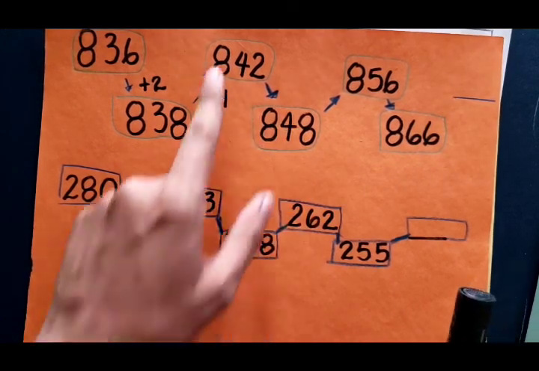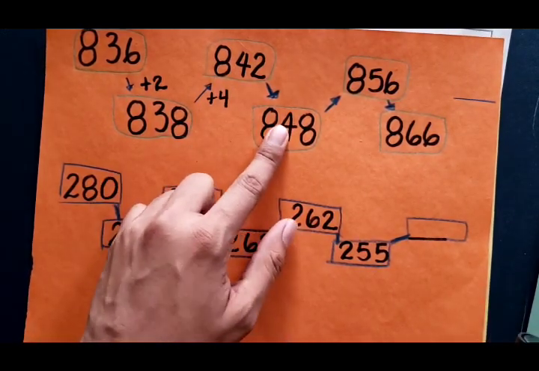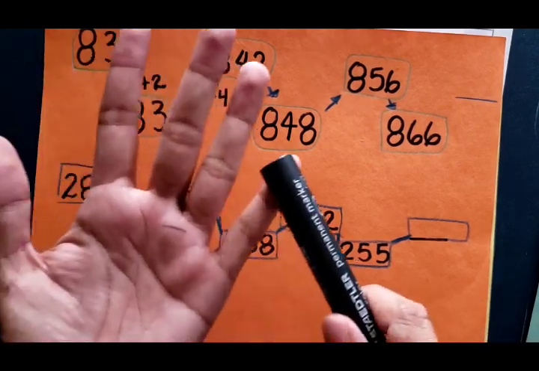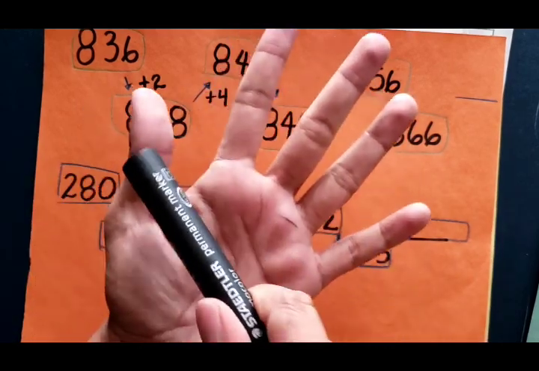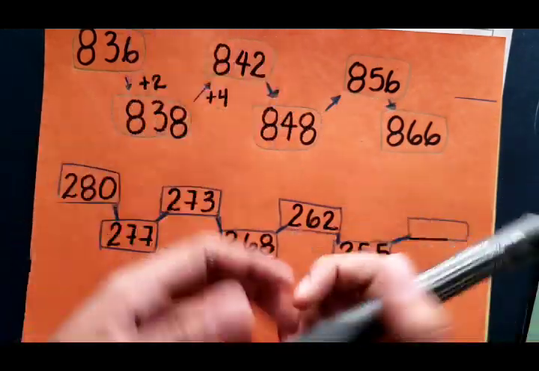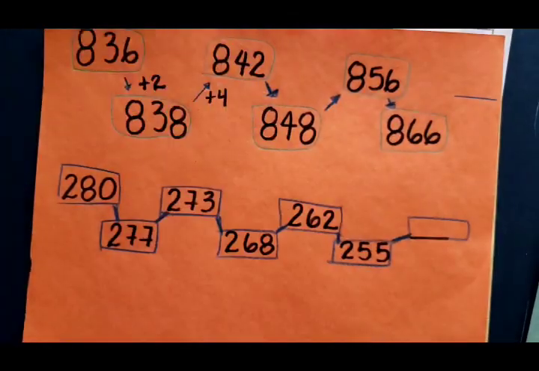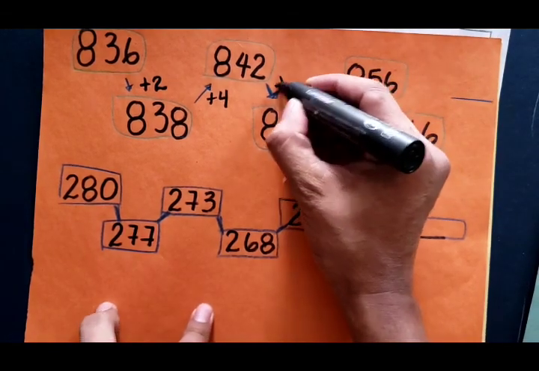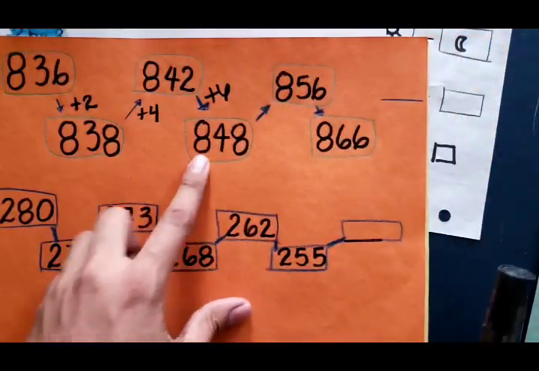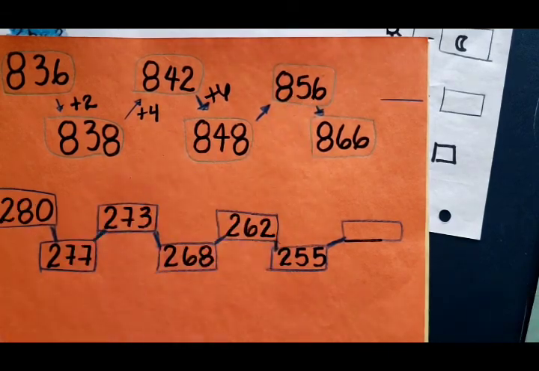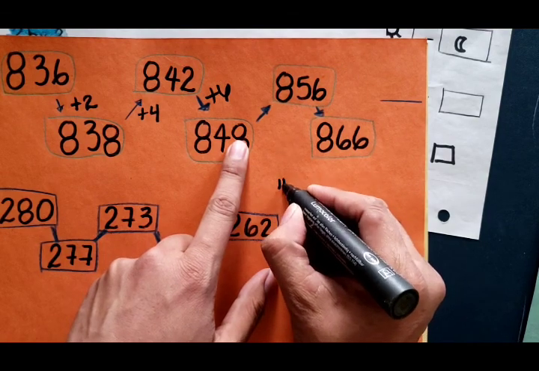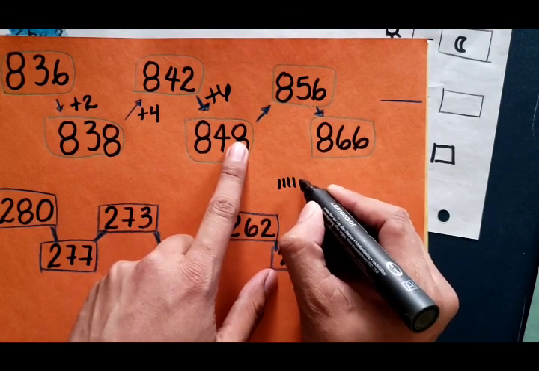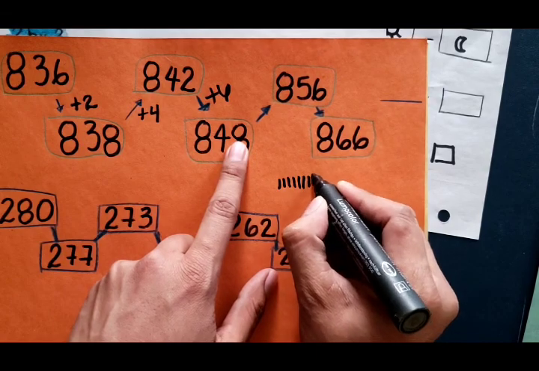The next one, 842, 848. 842, 843, 44, 45, 46, 47, 48. It means plus 6. Oh, wait a minute. Okay, plus 6. The next one, 848, 856. You can work with lines if you want. 48, 49, 50, 51, 52, 53, 54, 55, 56.